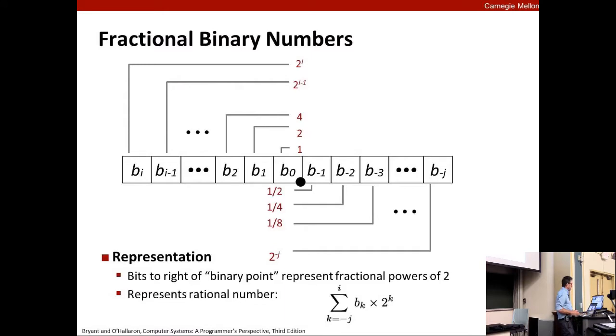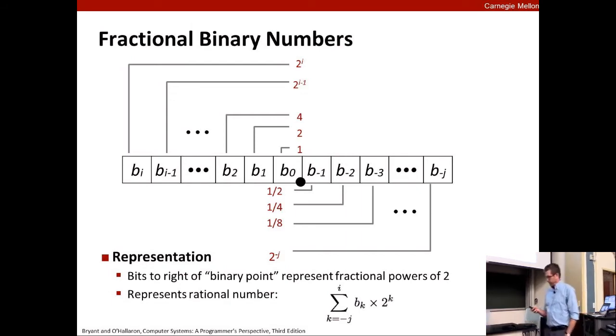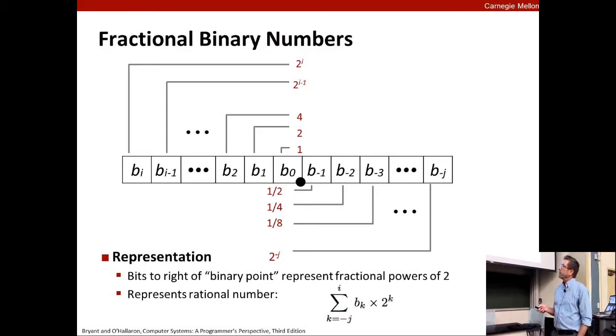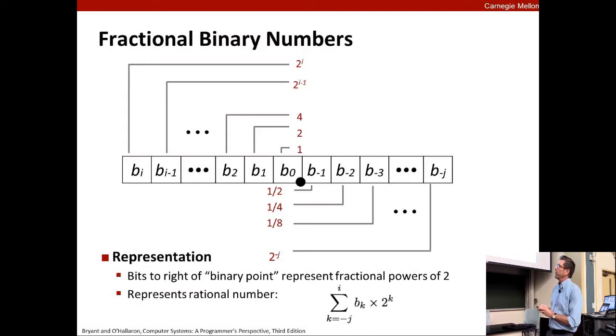Well, it works just like the fractional decimal numbers that you're used to. So in this case, it's a binary point, and to the left of the binary point, you have bit positions representing powers of 2. So 2 to the 0, 2 to the 1, 2 to the 2: 1, 2, 4, and so on.